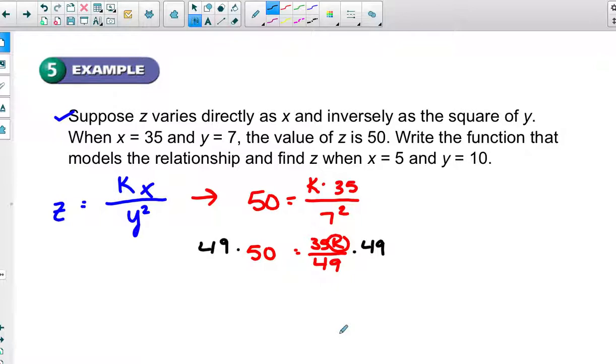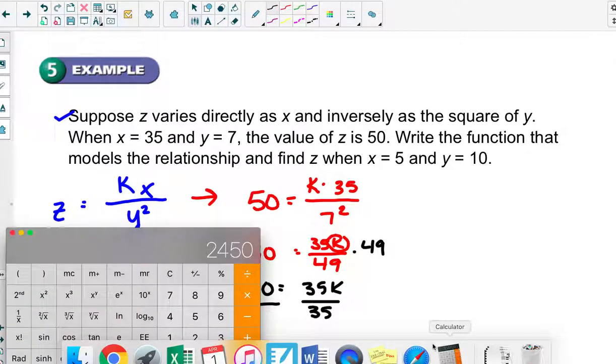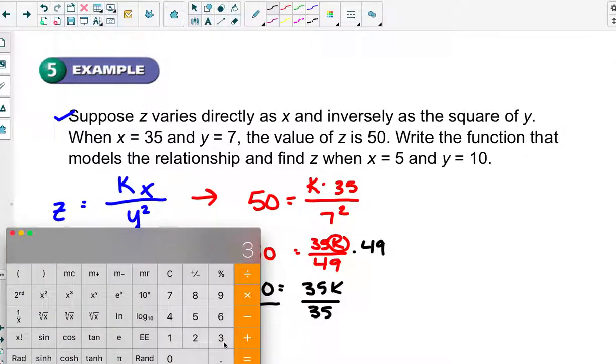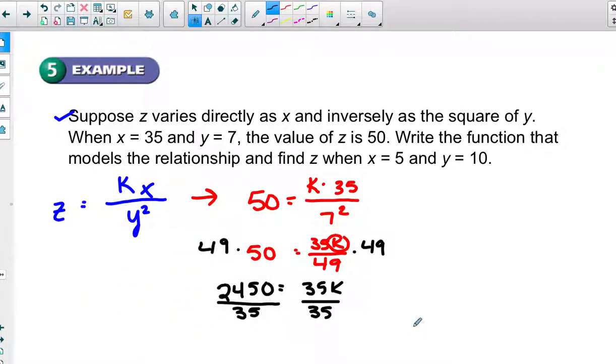Okay, so we have 2,450 equals 35k. And now we need to divide both sides by 35. I'm going to use that handy dandy calculator over there because it's going to help speed things up, and then I don't have to look stupid. All right, so there's 70. Okay, so 70 equals k, and that's our constant of variation.